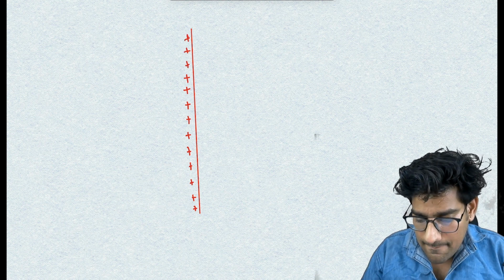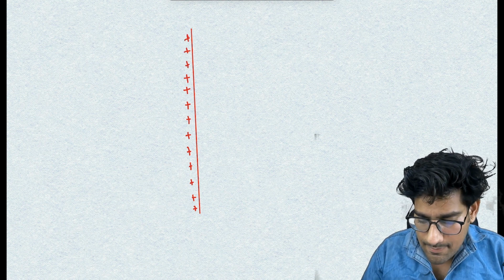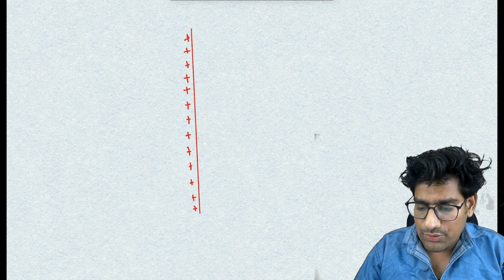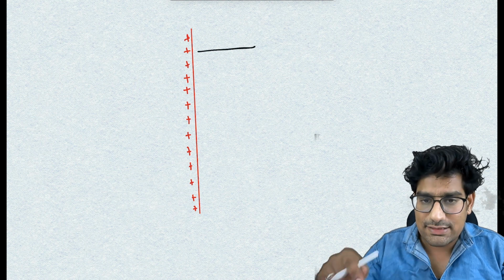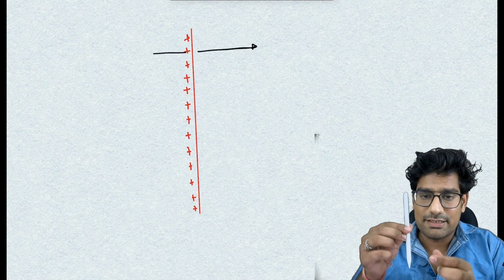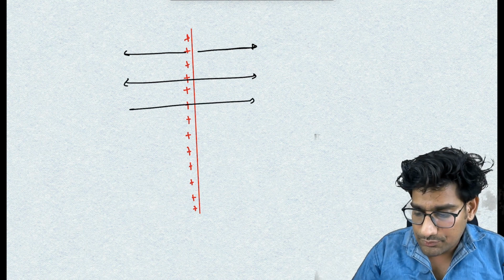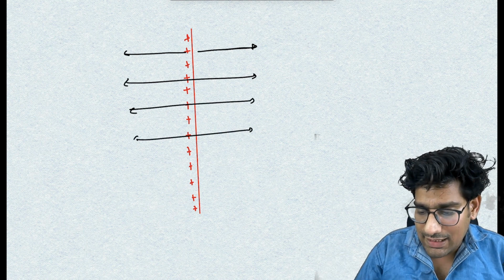If I look in the top view, then it is something like this. This is our charge. We are looking from the top. It means this is the wire, and I'm looking from the top of this wire. So electric field lines are like this all around.